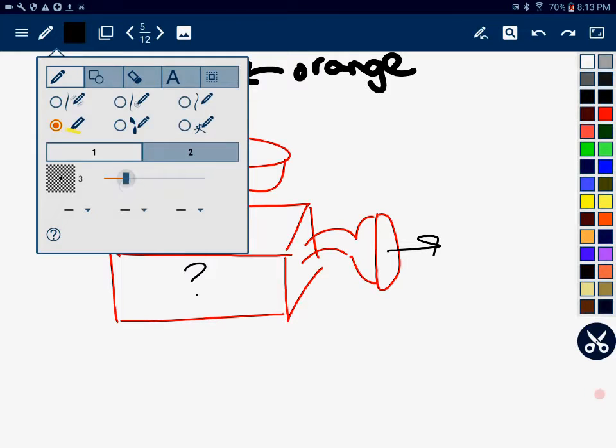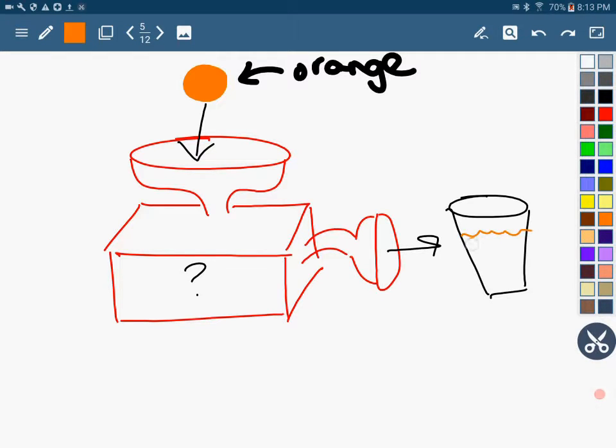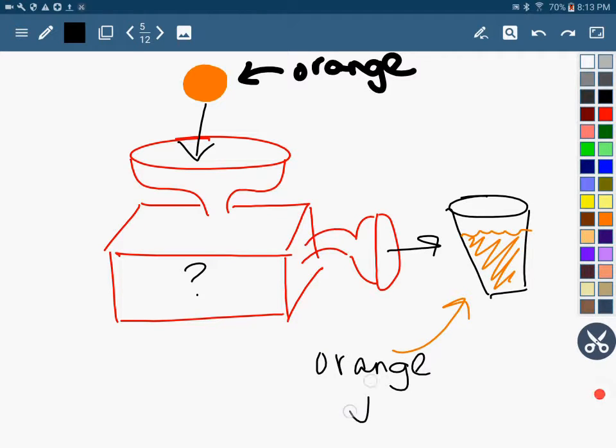So again, I'm going to show you my awesome artistic skills here. There's my lovely orange juice. So if you input an orange, out will pop orange juice. Okay, that would be an example of a function.